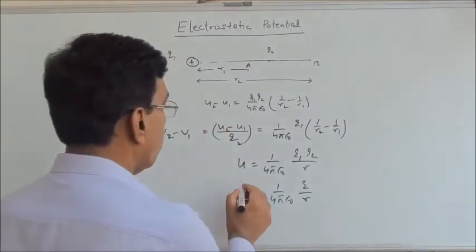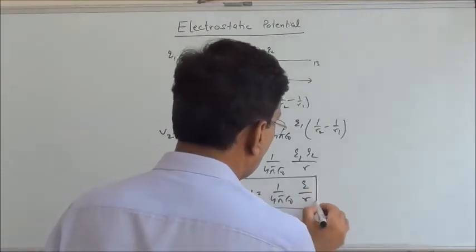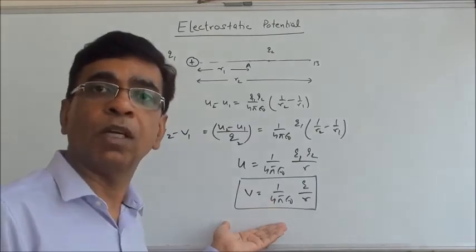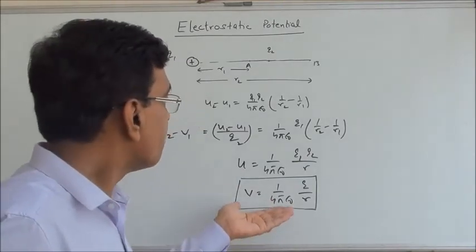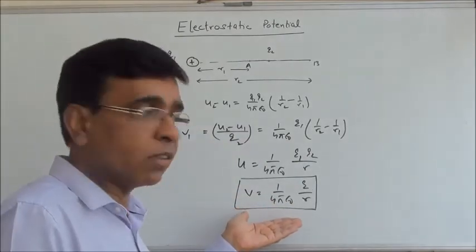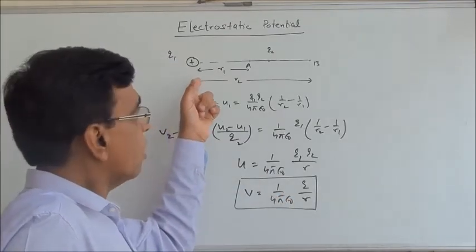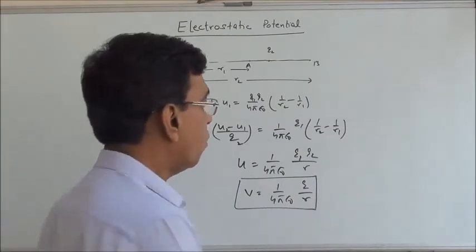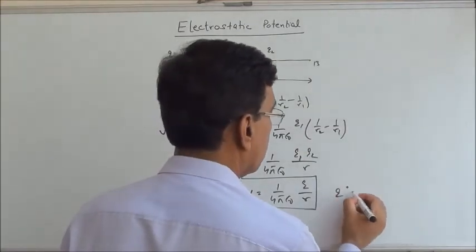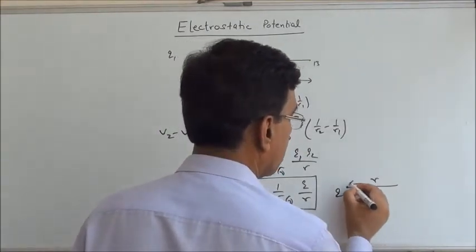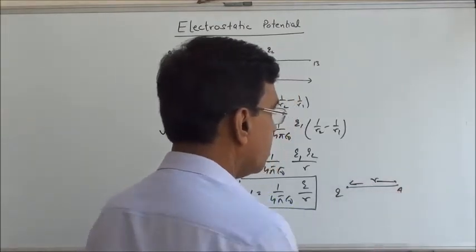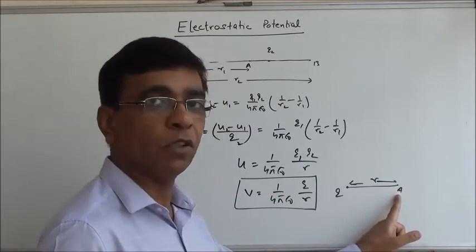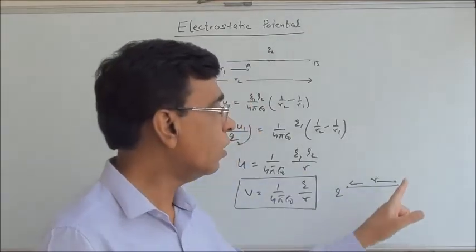So potential due to a point charge will be 1 by 4 pi epsilon naught q by r. Potential is for unit charge. So q is the source charge, and this is the potential for any charge q at distance r. And it means that this is the work done in moving unit charge from infinity to this point.